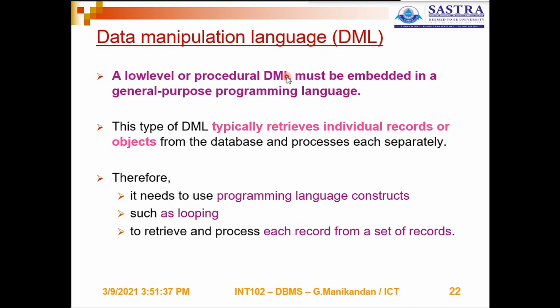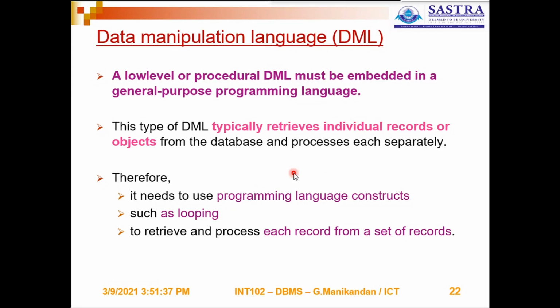Suppose a table has some 10 records, and using this low level DML you want to retrieve all 10 records from the table. In that case, inside the programming language, you need to form an appropriate looping construct. You need to place this SQL statement inside the looping construct, so that you can retrieve all the records one by one.